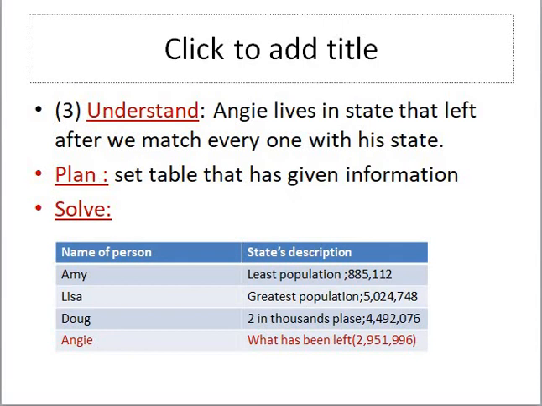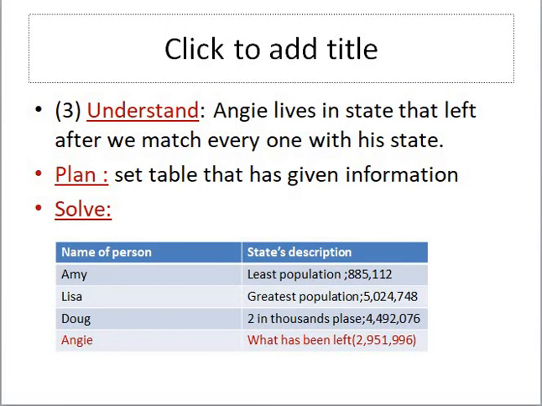The last question is talking about 4 persons. They live in different states, and they give us the population of these states. Then they ask us for the population of Angie's state. So to plan, I decide to put a table.